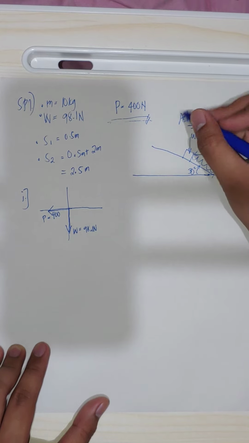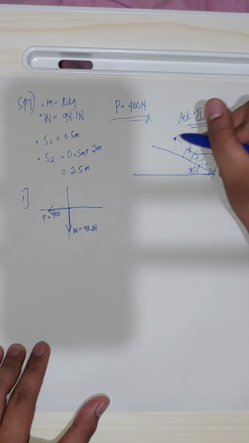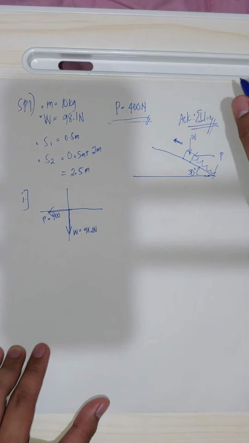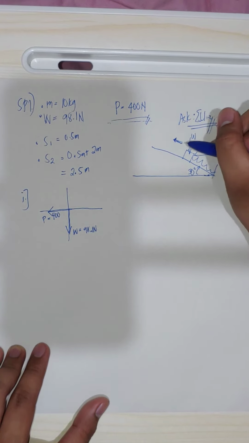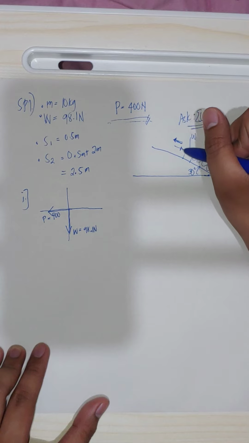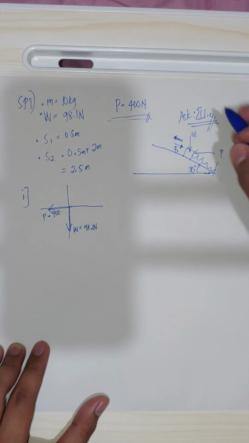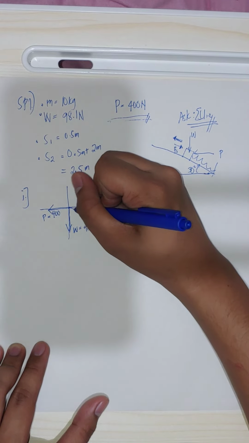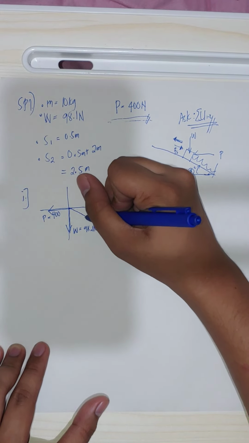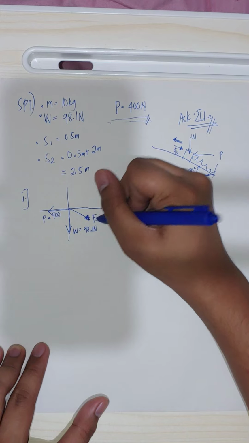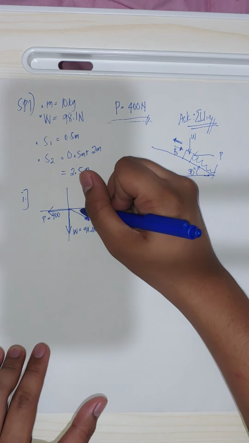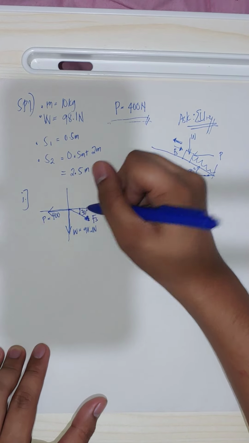Since the motion is going up the incline, this is the path of the motion. Then we assume the spring force Fs is along that side, down the incline. So that is Fs here, the force of the spring, and the incline is 30 degrees.